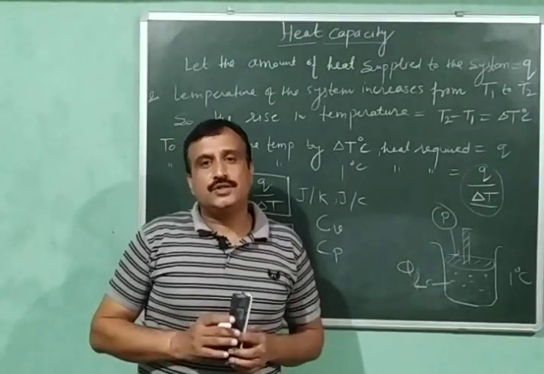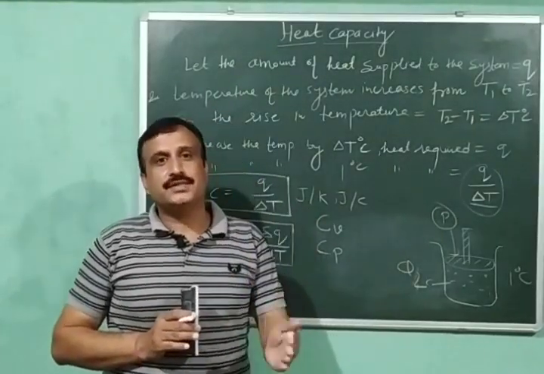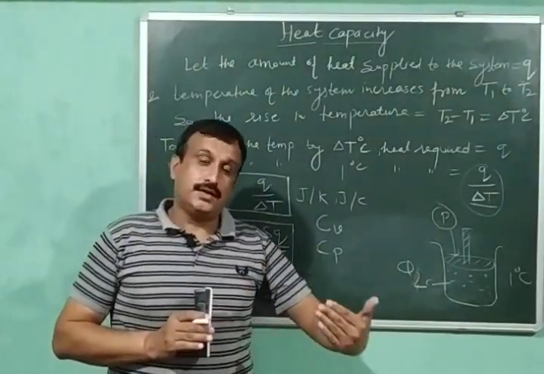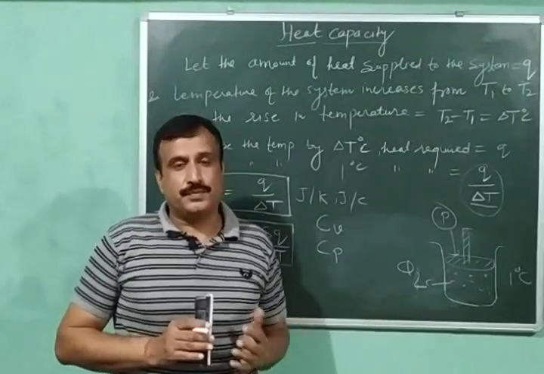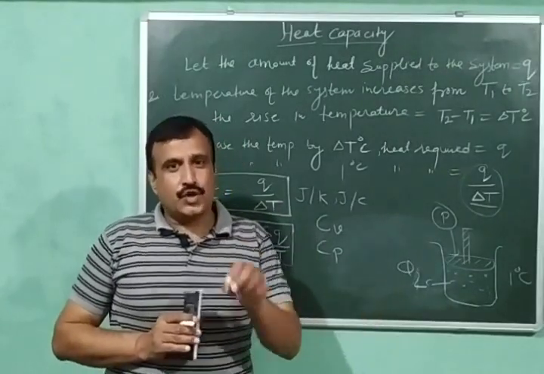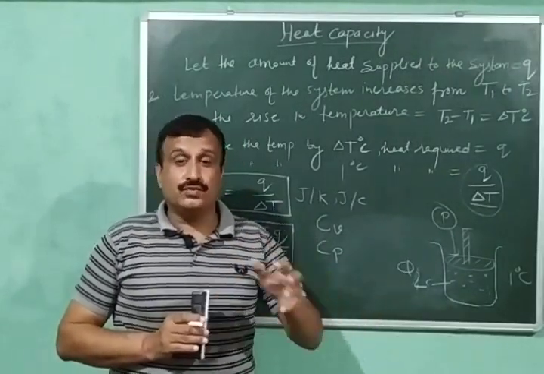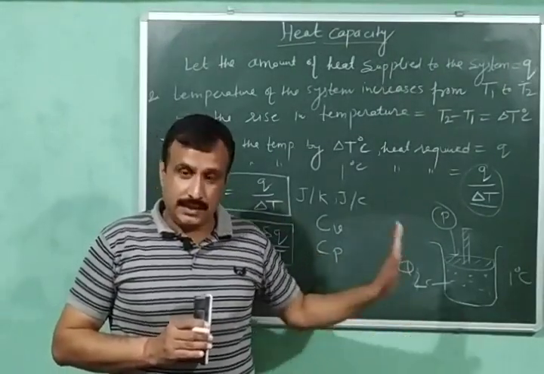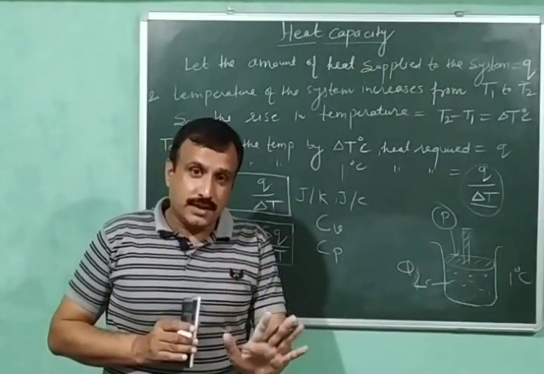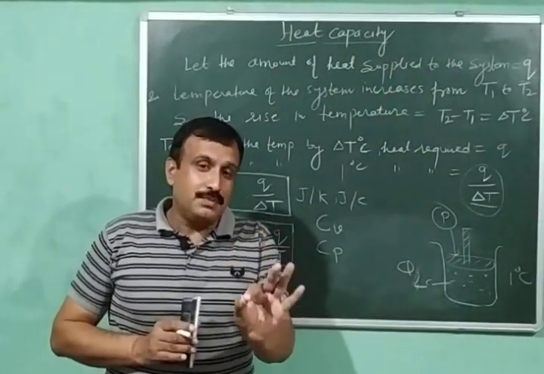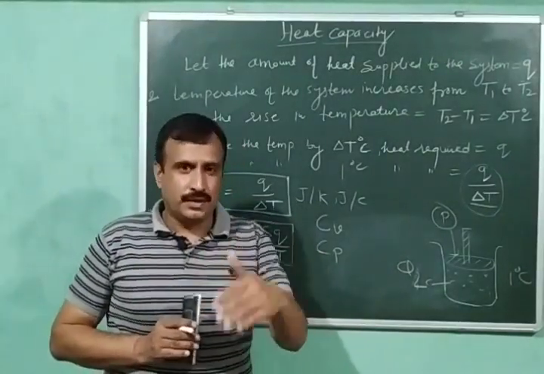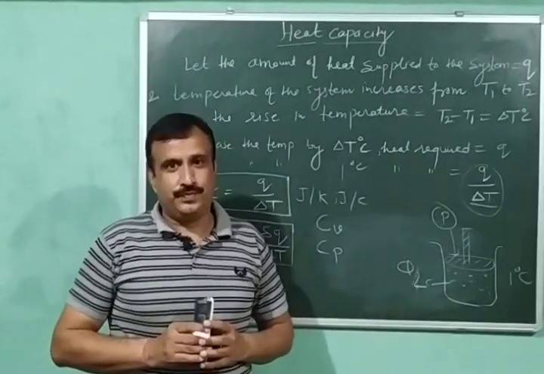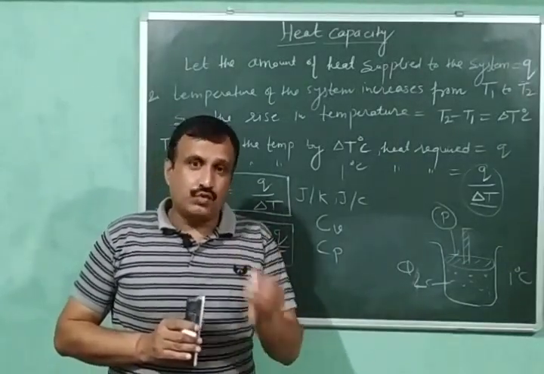So heat capacity is of two types: number one, heat capacity at constant volume, and number two, heat capacity at constant pressure. These conditions of constant pressure and constant volume are very important, and I will explain them in detail when I discuss that Cp is greater than Cv in my upcoming video.